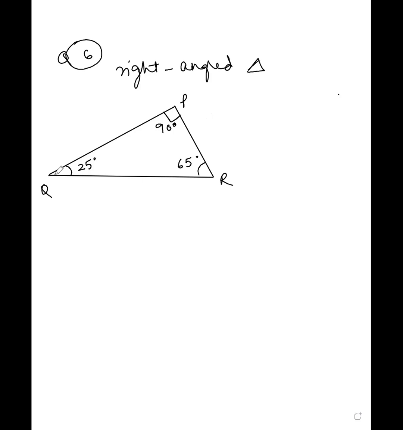Hypotenuse is a side, not an angle. Can you please name the side which is the hypotenuse? PQ? Hypotenuse is the side which is the biggest and opposite to the right angle. So it is QR.